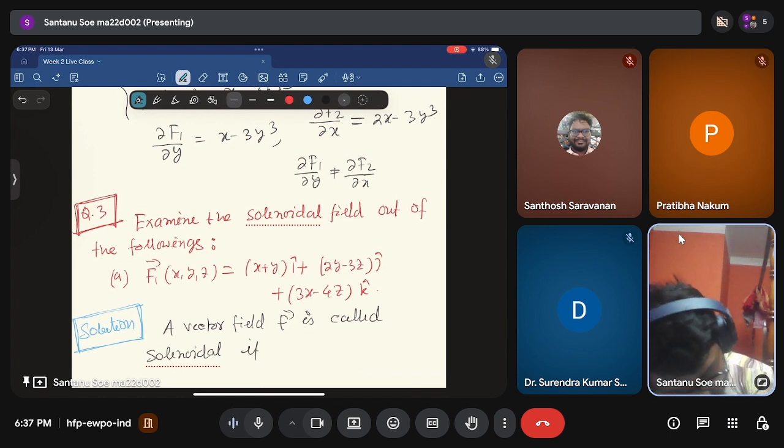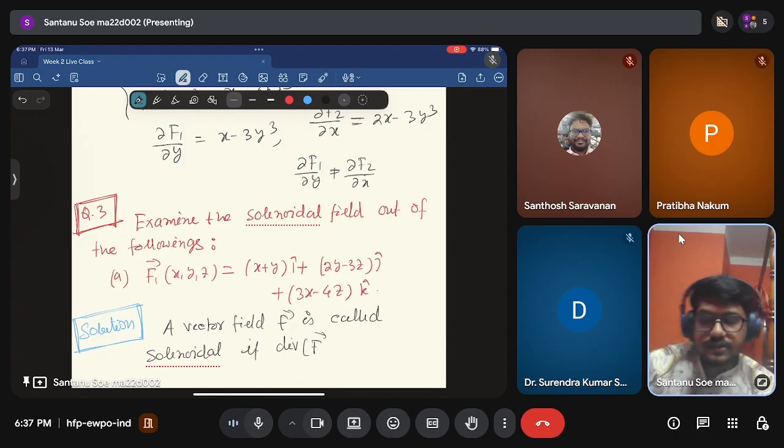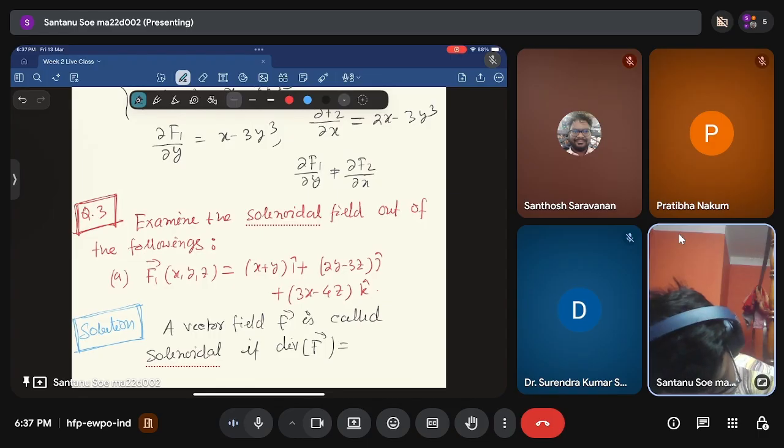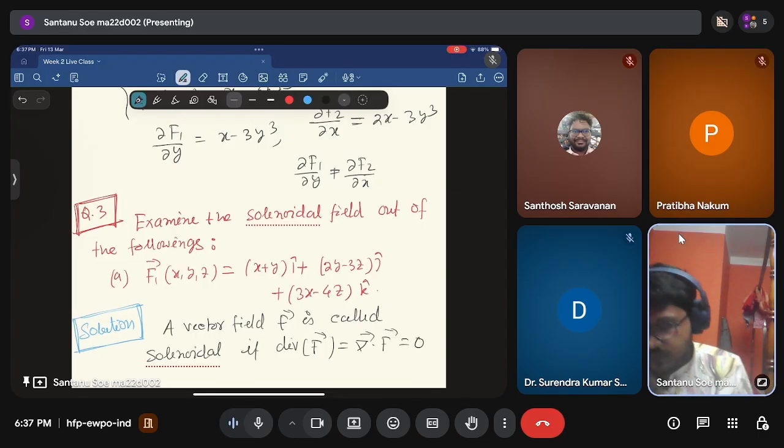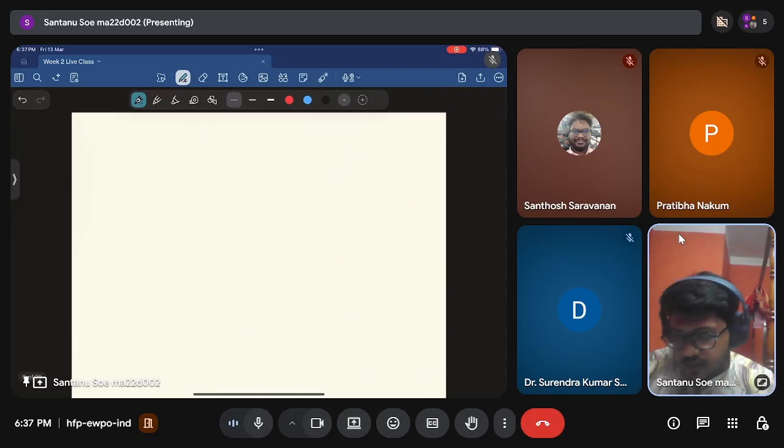So if its divergence is zero, right? And it's called conservative if the curl is zero, correct? If divergence of F is zero. Okay. So now we'll just simply calculate the divergence and then we are done.